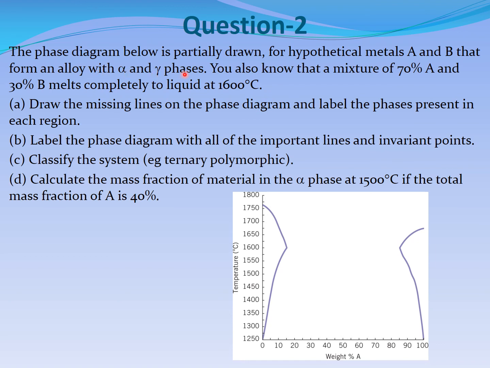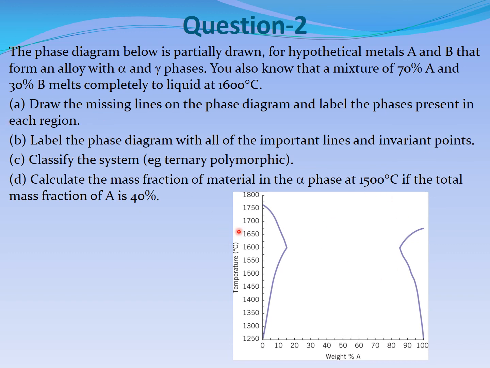So there are two metals, A and B, and after solidification, the two solid phases that you get are alpha and gamma. You also know that a mixture of 70% A and 30% B melts completely to liquid at 1600 Celsius. Based on that, draw the missing lines on the phase diagram and label the phases present in each region.